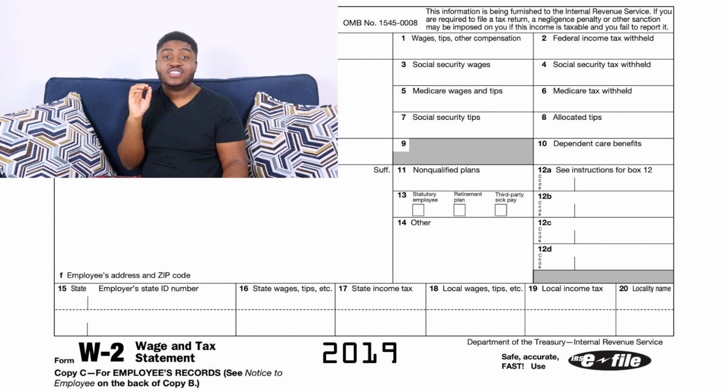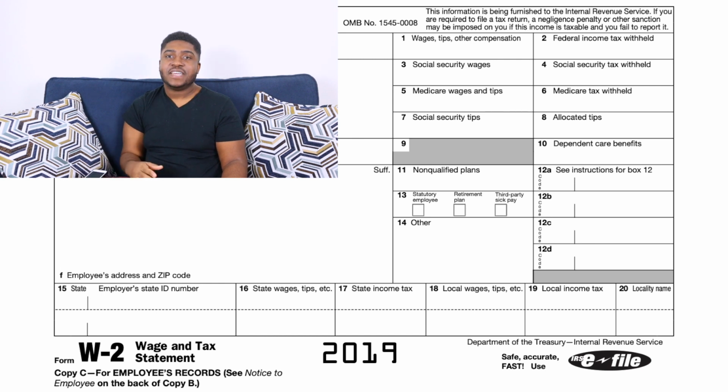Box 18, so if you live in a state that has different county taxes or local municipalities, that was a mouthful, Akiva had to teach me how to say that, the earnings will be listed there for the calendar year. And then box 19, the local income tax withheld, it should also reflect whatever income tax was withheld for that specific county or local municipality in that box.